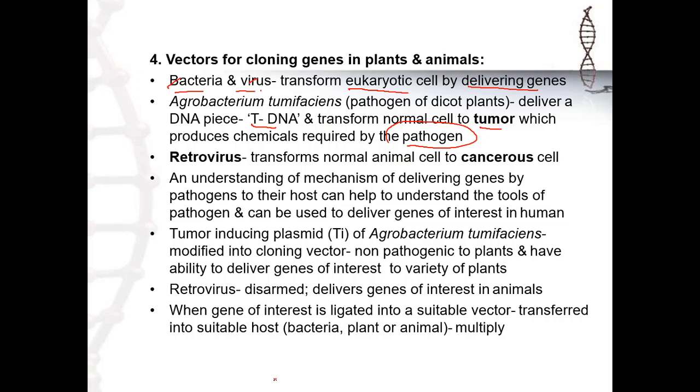Mean to say, itong Agrobacterium tumefaciens is a bacteria responsible for the formation of tumor in a plant. Kasi gusto ng bacteria magka-tumor kasi gusto nila yung tumor produce chemicals na magagamit nila at their advantage, no?